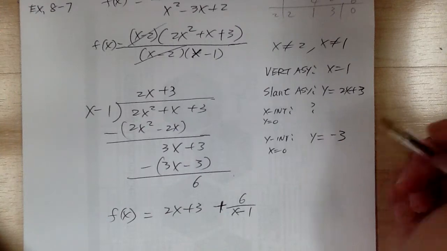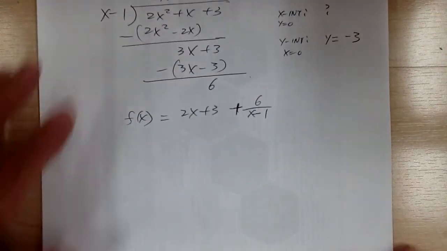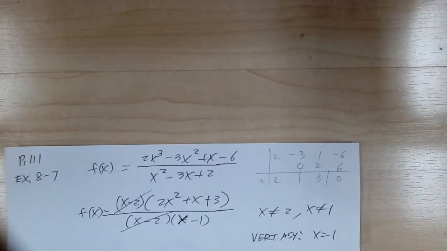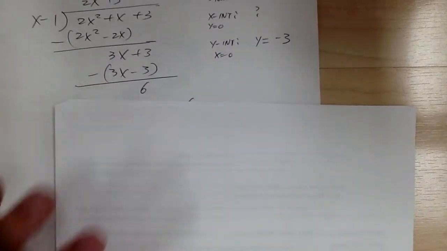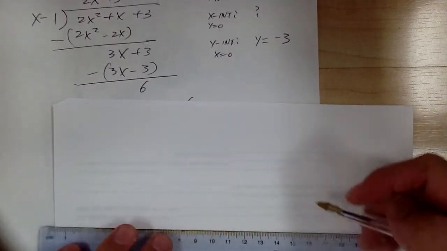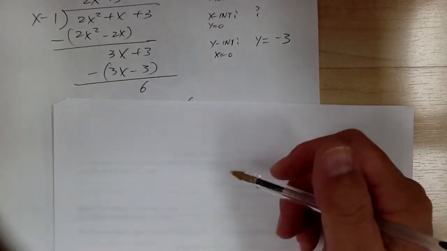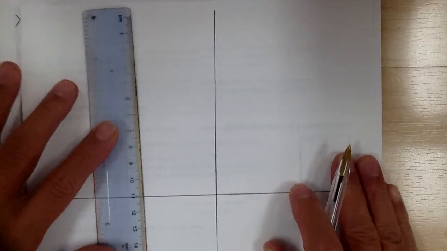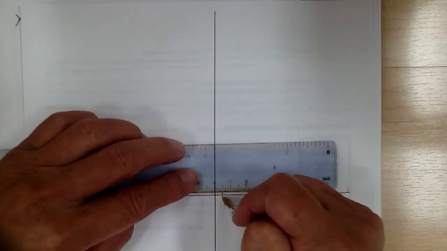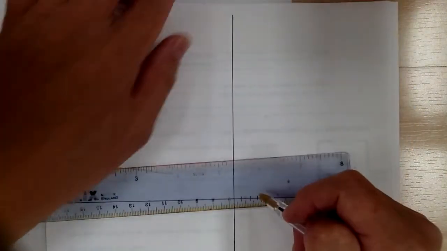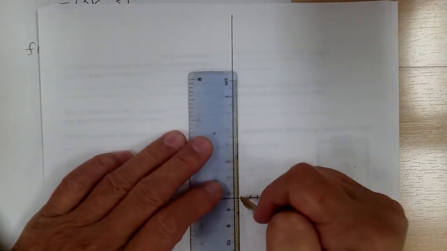Okay. So now we're going to sketch these. Okay, this graph is going to be really big. So I'm going to make the scale a little bit smaller. Okay, so first, vertical asymptote x equal to 1.